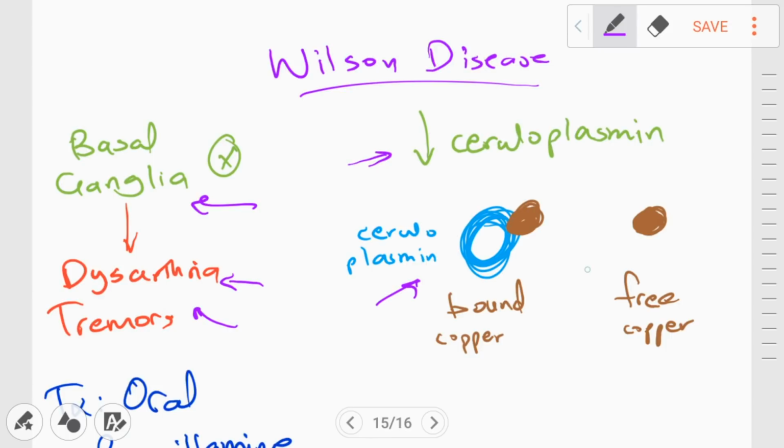If ceruloplasmin is deficient, copper roams around freely in the blood, resulting in deposition in the cornea, in the basal ganglia, in the cerebellum, in the liver. So as long as ceruloplasmin is present, the copper is bound, it is unable to drop everywhere that it likes. But if it's free, it is much easier for it to just deposit in the various organs in our body.